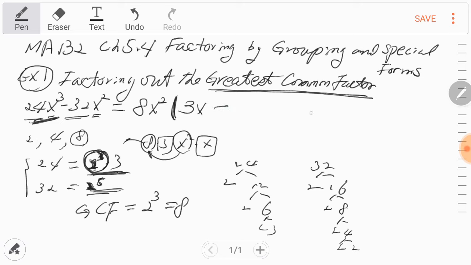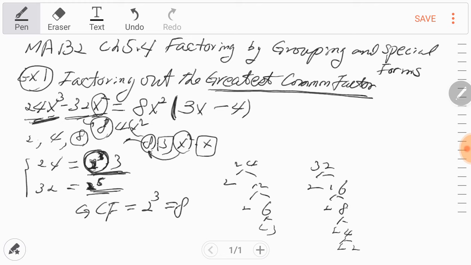8 times what is 32? 4, right? So 4 times 8 is 32, and x squared is factored out. So we have negative 4. So this is actually 8 times 4 times x squared.